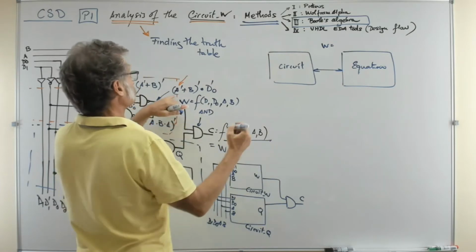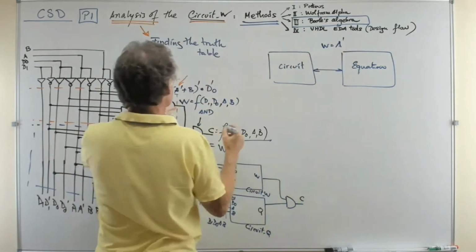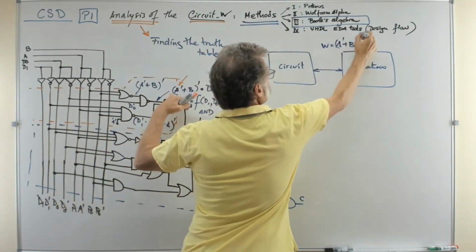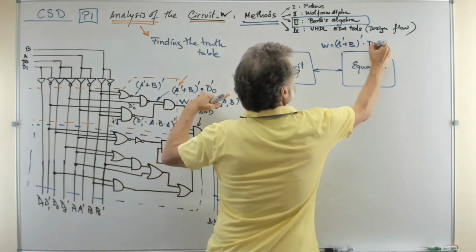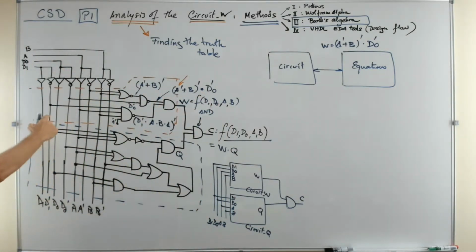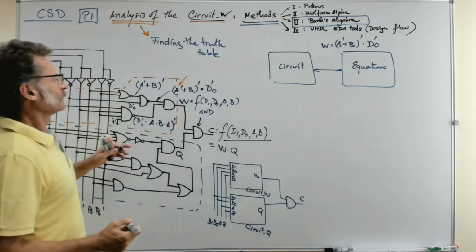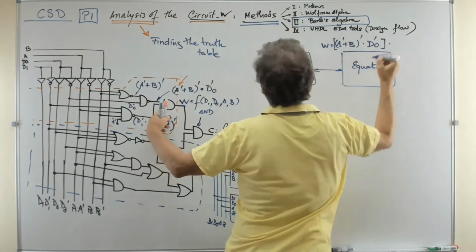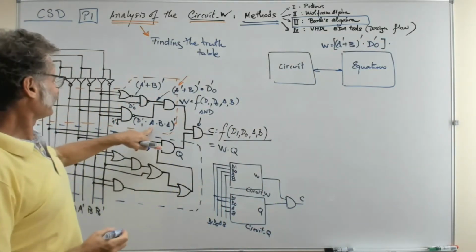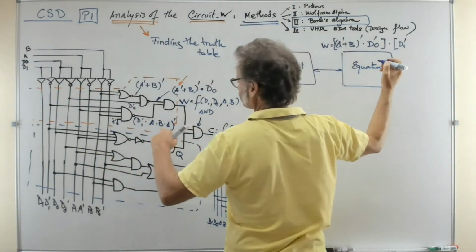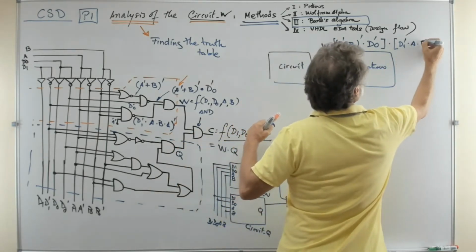W is going to be A naught or B naught and the D0 naught, all right, and then this is and with the output of the other NAND, which is the D1 naught and B and A and 1.